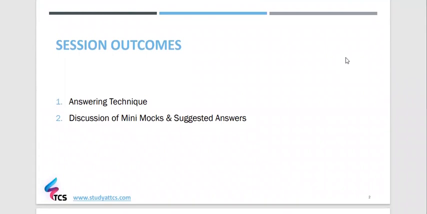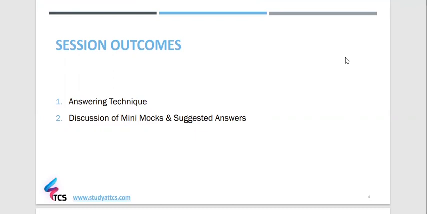So having said that, let's look at the session outcomes. The session is divided into two main areas. First, I'll be talking about what you need to focus upon as part of answering technique. There are several best practices which you need to adhere to, and I'm going to talk about them in the first part of this session.